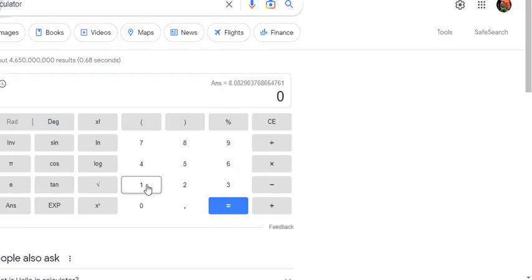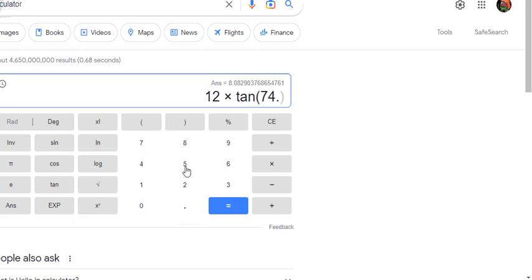All right, so 12 times the tangent of 74.5. Make sure you are in degrees, which we are. It equals 43.3 feet.